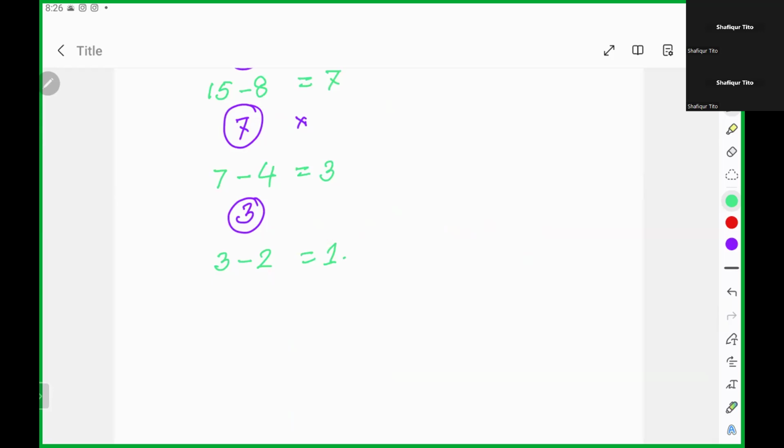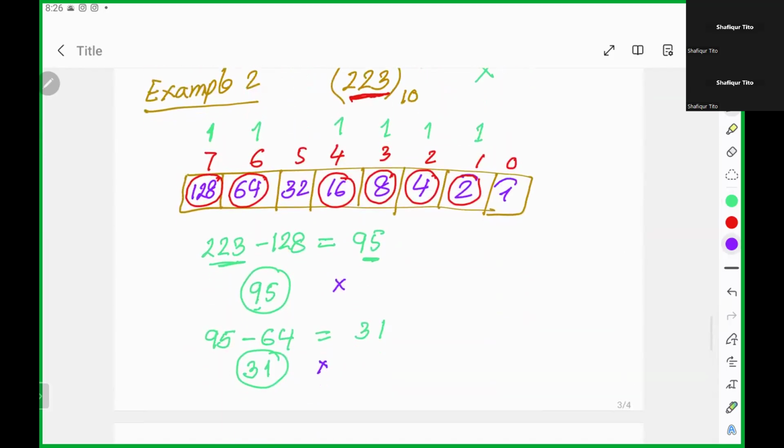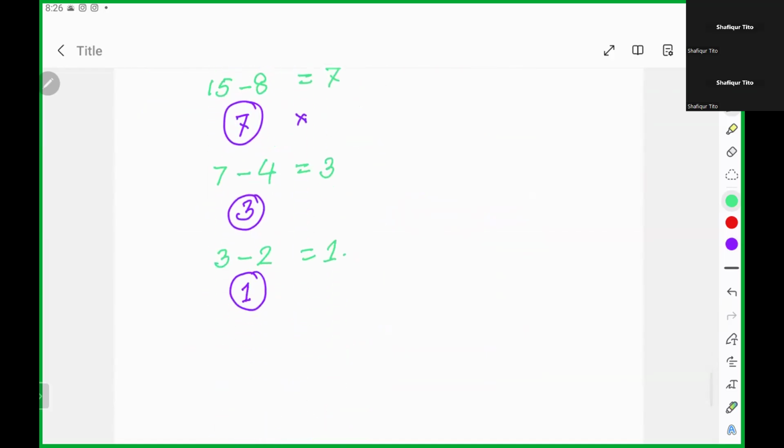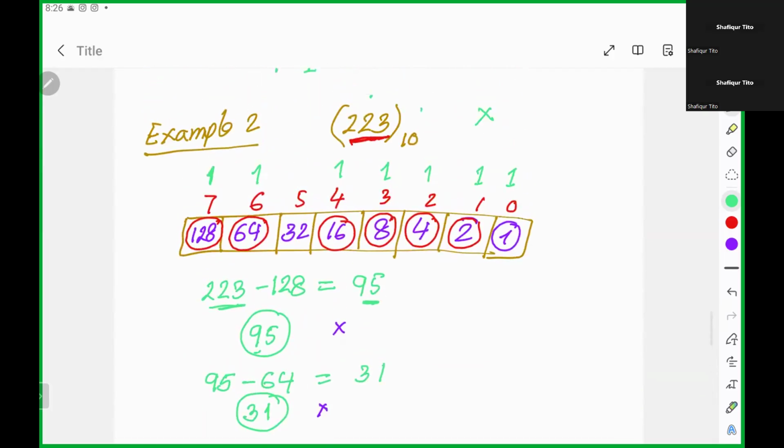So then my number is 1. So now we need to find 1. So we can consider this one, and this becomes equal to 1. So 1 minus 1 would be equal to 0. So we have got 0, and we'll stop our conversion. Now for the remaining bit, we can find which of the bits is 0.